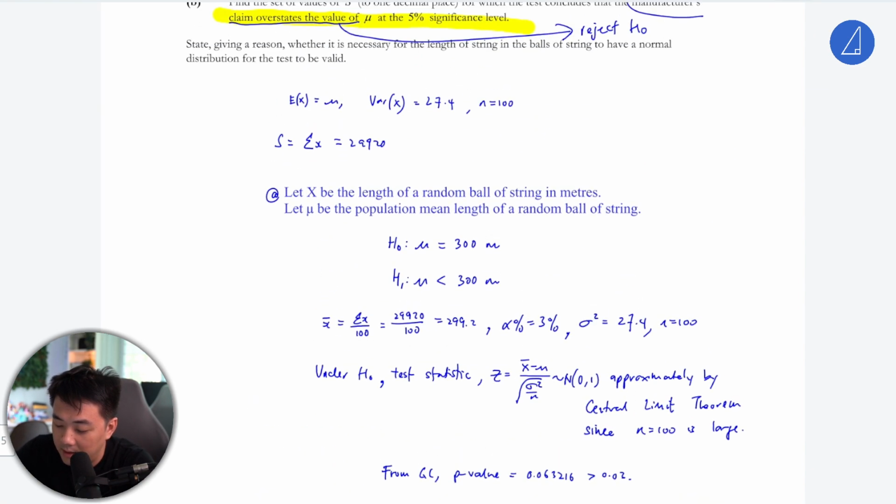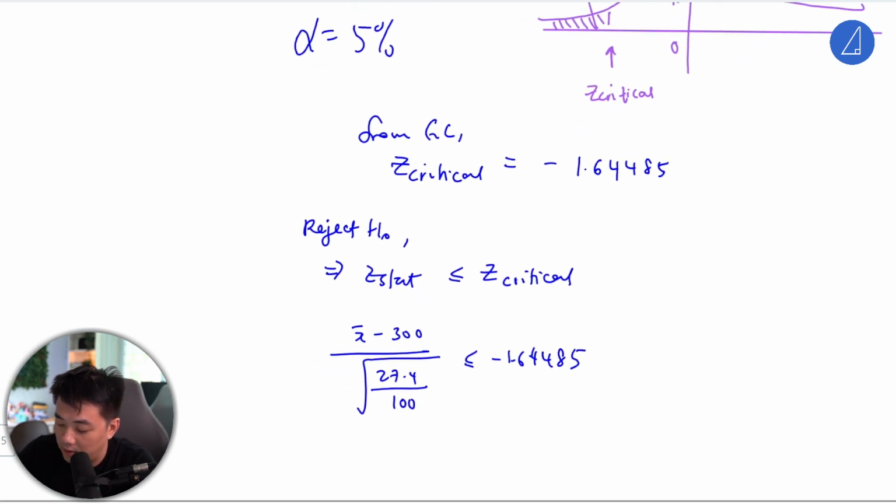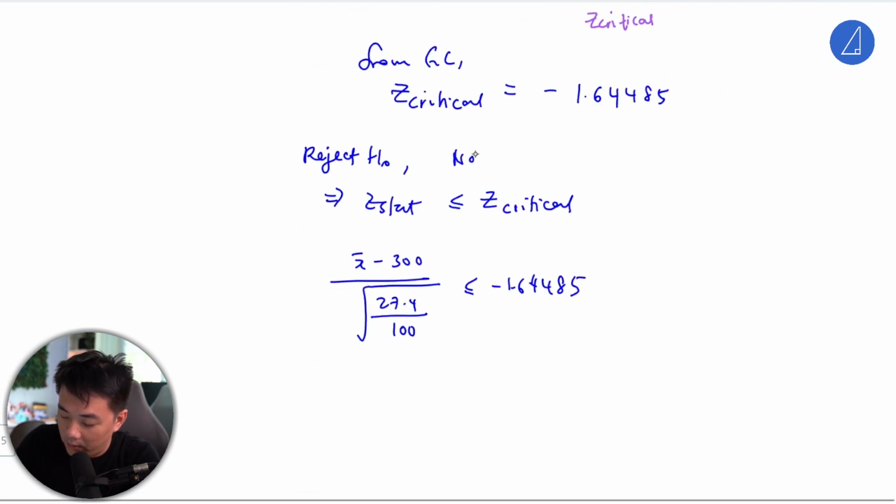Now s is the unknown, so we want to find the range of s. So just note that x bar is equal to s over 100. Okay, we just need to solve that.